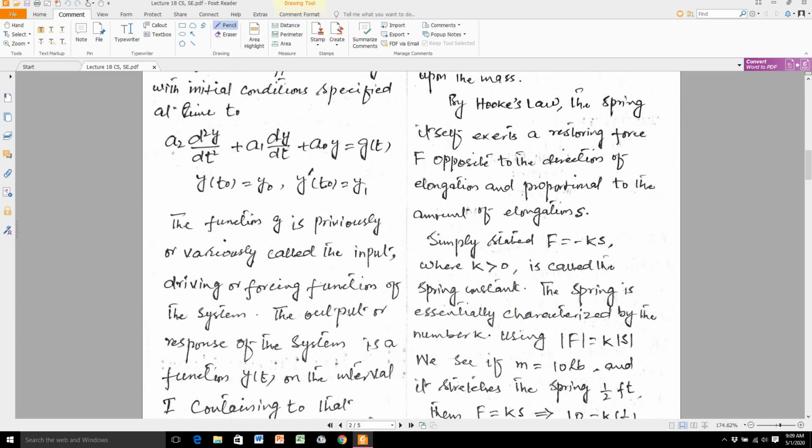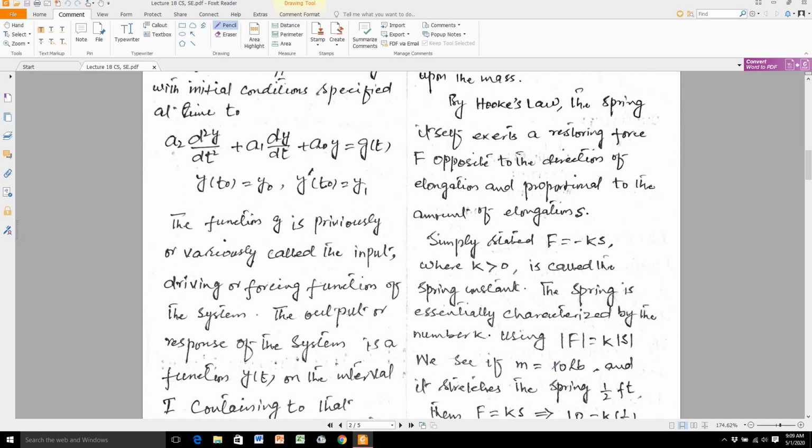The spring is essentially characterized by the number k. If we remove the negative sign, then we take the mod on both sides: the mod of F is equal to k, a constant, times S, a displacement, either toward the center or away from the center, so we use a mod sign here.